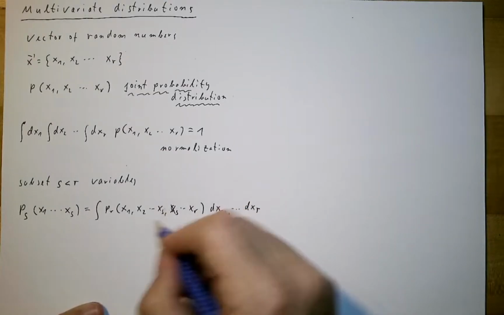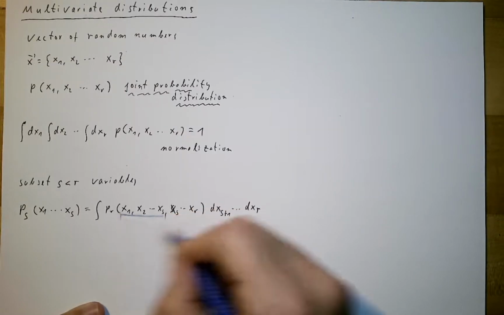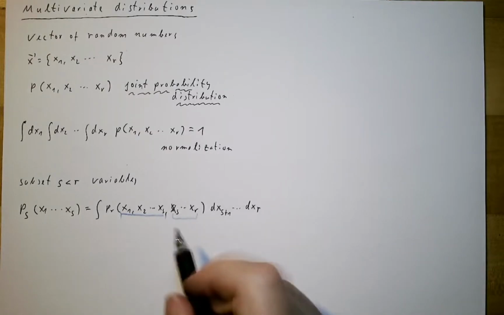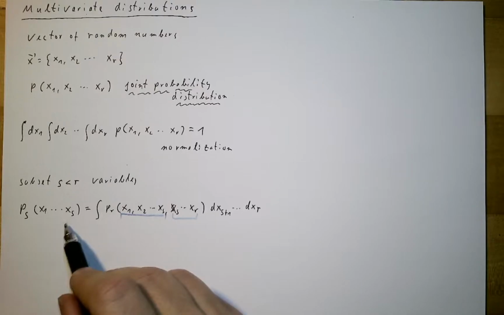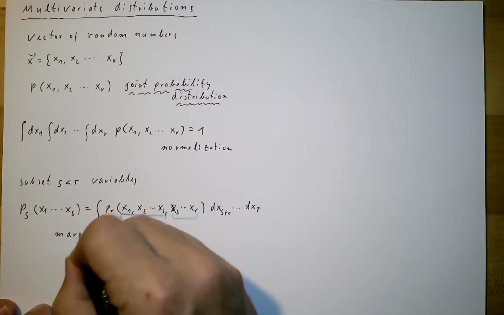So we divide the variables into the first s and the remaining r minus s, integrate over the other ones, and have a distribution which depends on s variables. We call this the marginal distribution.